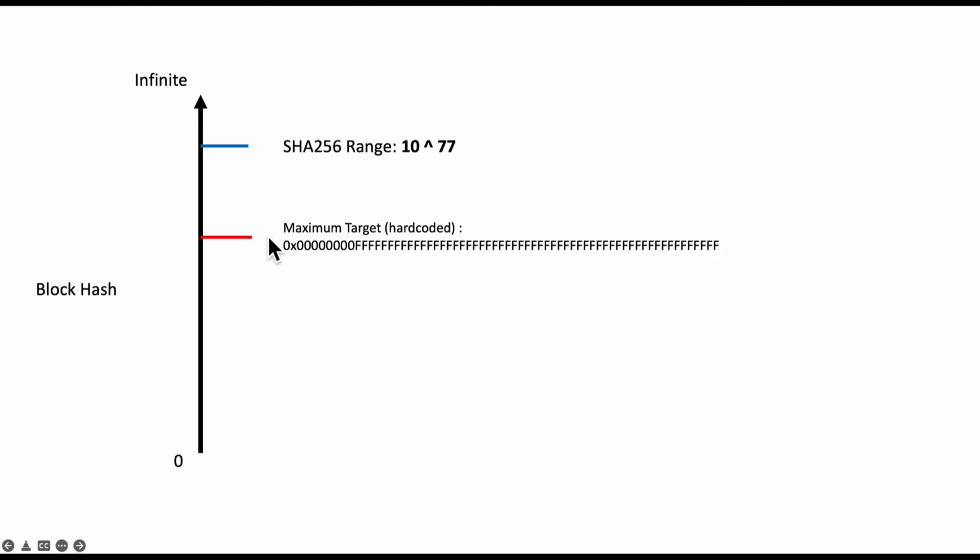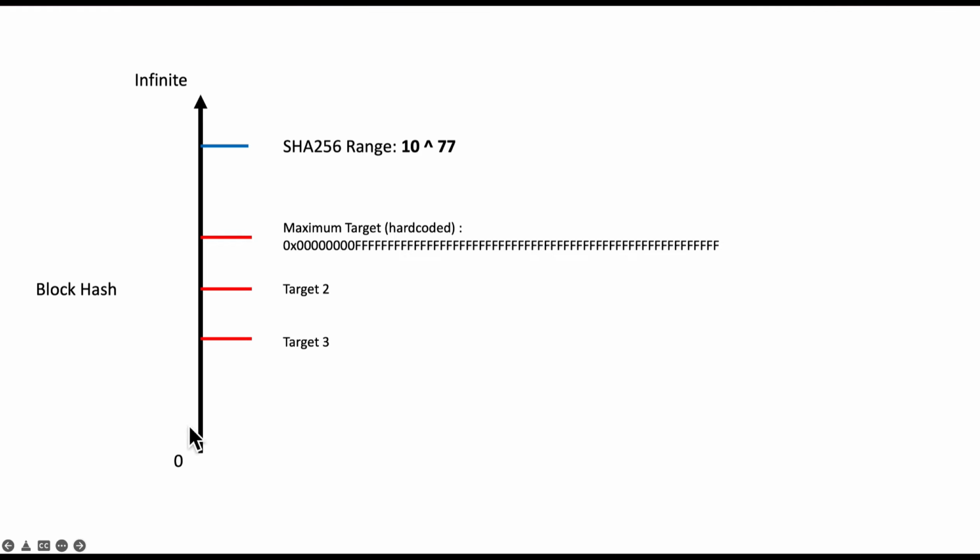If the target is infinite, the hash is always lower than it, right? So if the target is smaller, the probability we get a hash lower than this line is smaller. Or we can say mining difficulty is harder.